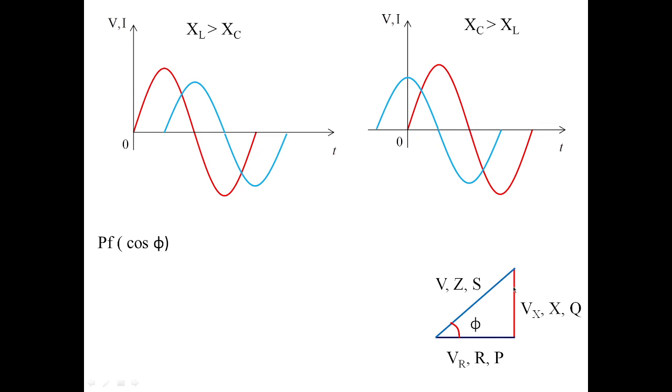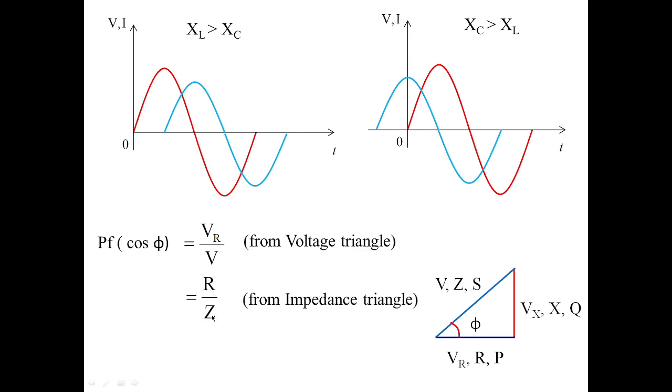And when it is a power triangle, S becomes the hypotenuse, P becomes the real parameter or the adjacent parameter, and Q becomes the opposite parameter. So it can be obtained as VR by V from the voltage triangle, R by Z from the impedance triangle, and P by S from the power triangle. So this is how you obtain the relations of RLC circuit under AC input.